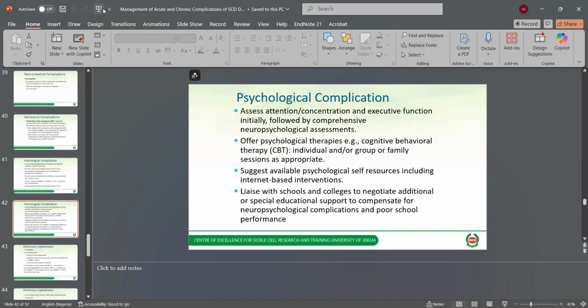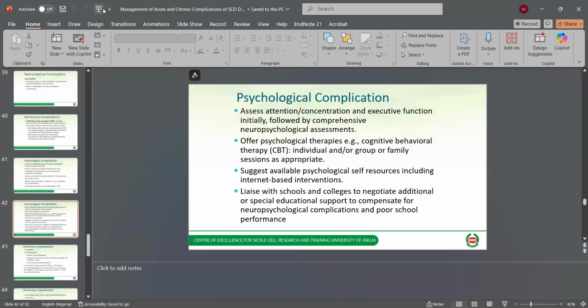Sometimes the patient and his caregivers may have this cognitive behavioral therapy because once a member of the family is affected with sickle cell disease, the other family members are indirectly involved. And if the therapy is done together with them, they can, together with the patient, help in implementing such therapies that will give a better outcome.